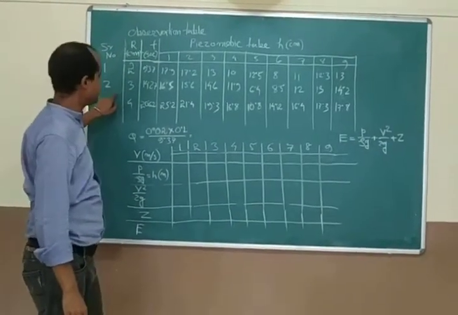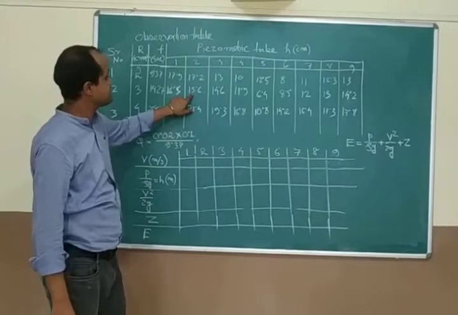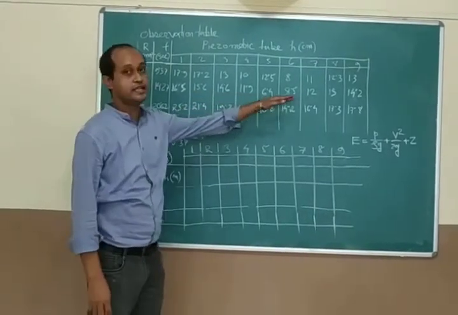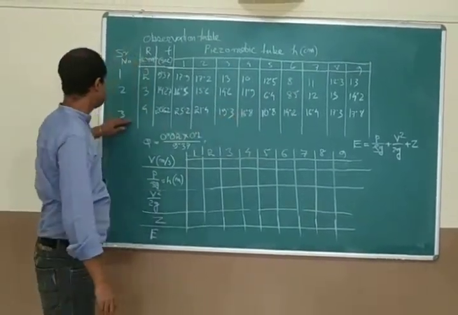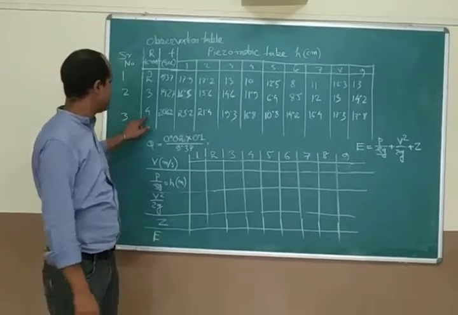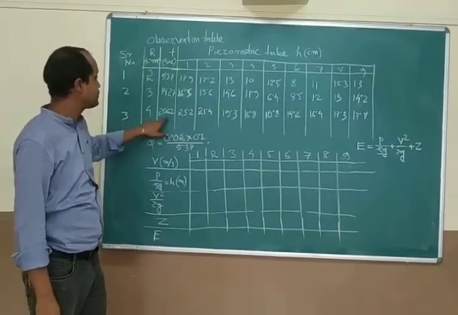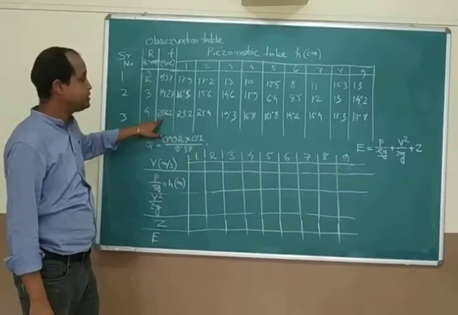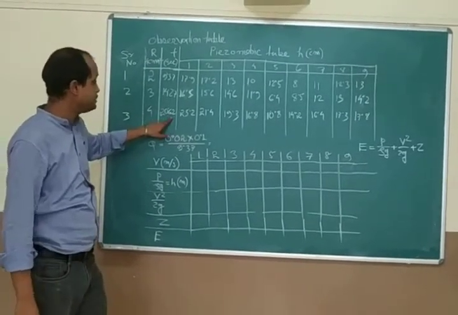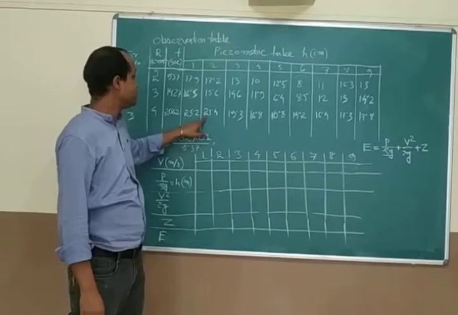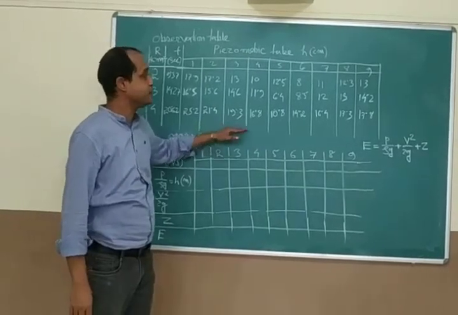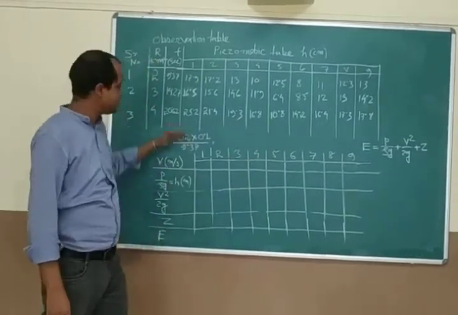Similarly, for the second observation, you will get 15.6, 14.6, like that. And for the third observation, that is for R 4 cm, and time taken 20.62 seconds, 25.2, 21.4, 19.3, like that. So this is your observation table.